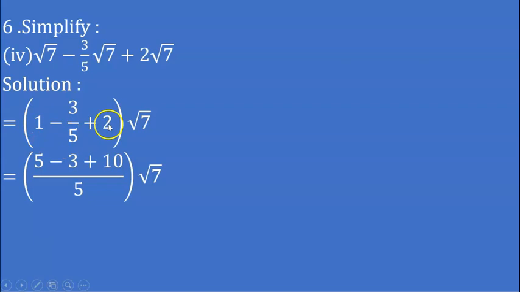Again multiply this 2 by 5, then you will get 10 upon 5. After simplification, you will get the common base which is 5. That is 5 minus 3 plus 10 upon 5 into root 7. That is 5 plus 10, 15 minus 3, that is 12. Hence you will get 12 upon 5 into root 7. And hence the answer is 12 by 5 into root 7.